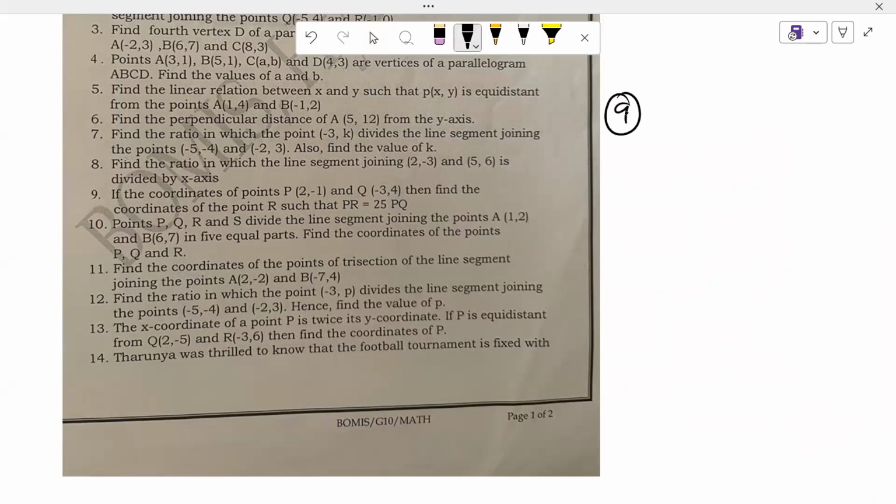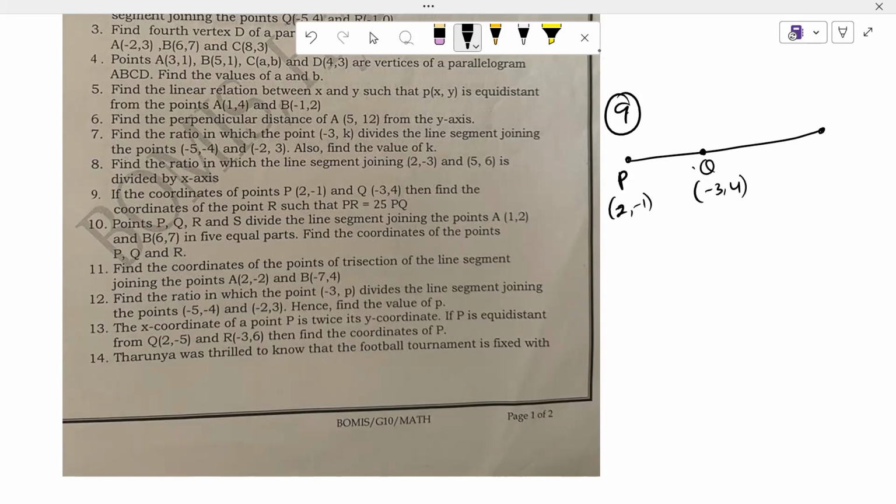Next, ninth question. If the coordinates of the points P and Q are given, then find the coordinates of R such that PR is equal to 25 PQ. So they have given P, that is 2 comma minus 1, and they have given Q, that is minus 3 comma 4.